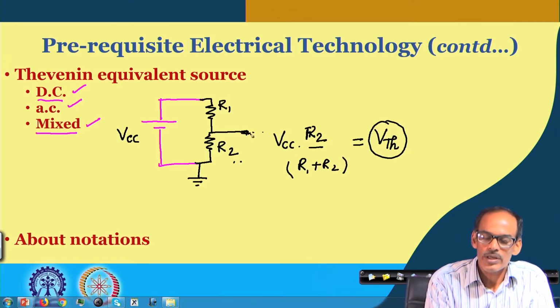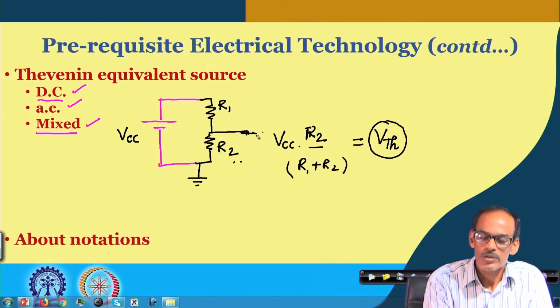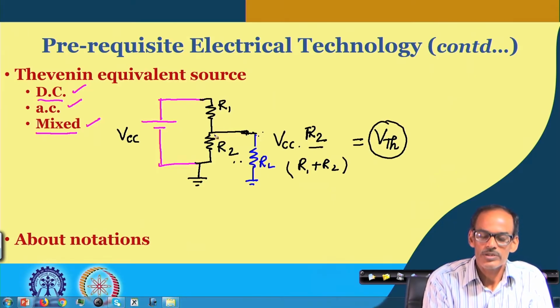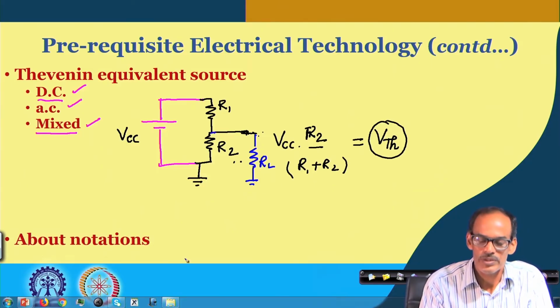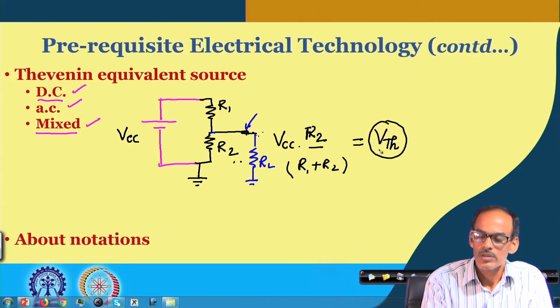Now, the moment you connect a load here, of course, the voltage will not remain the same as the Thevenin equivalent voltage. Depending on the load here, say R L, and depending on the strength of these two resistors which try to maintain this voltage close to VTH, you will get a voltage which will be between V Thevenin and, of course, ground.